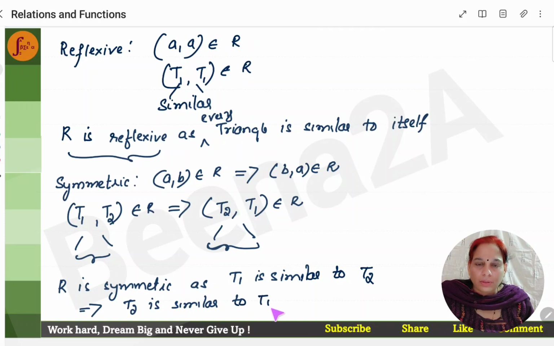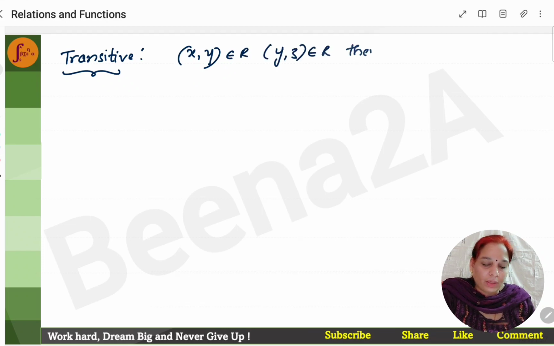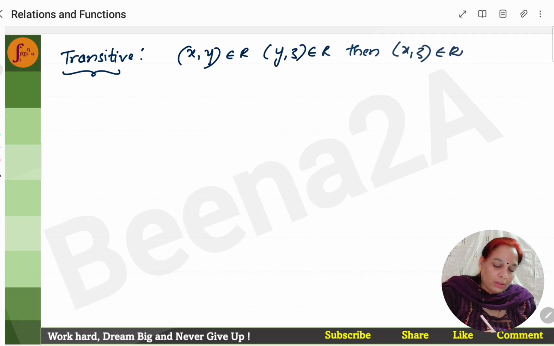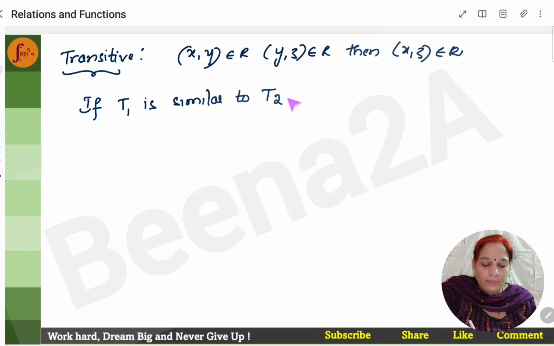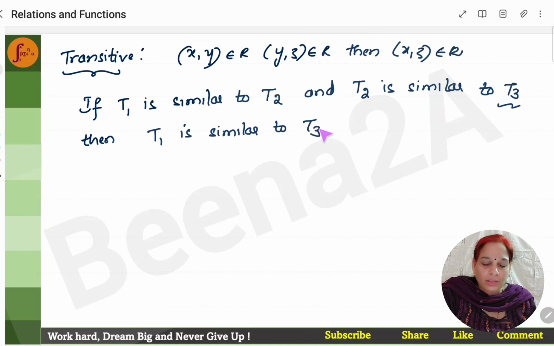For transitive, what is the condition? If XY belongs to R and YZ belongs to R, then XZ should belong to R. Now here we have triangles. If T1 is similar to T2 and T2 is similar to T3, then T1 is similar to T3.